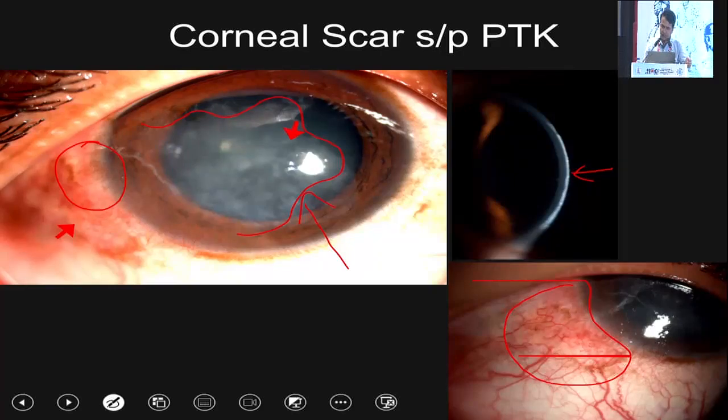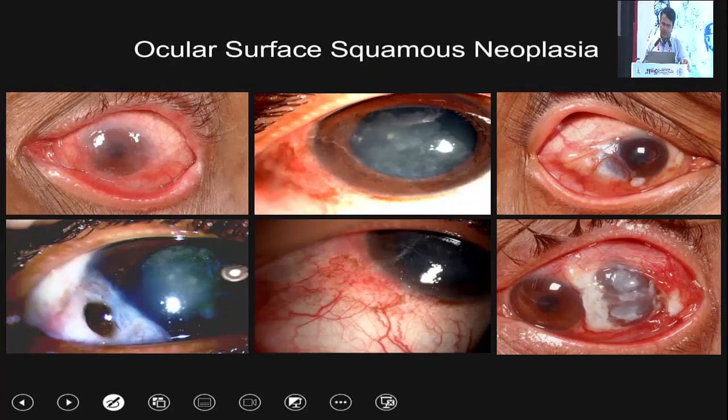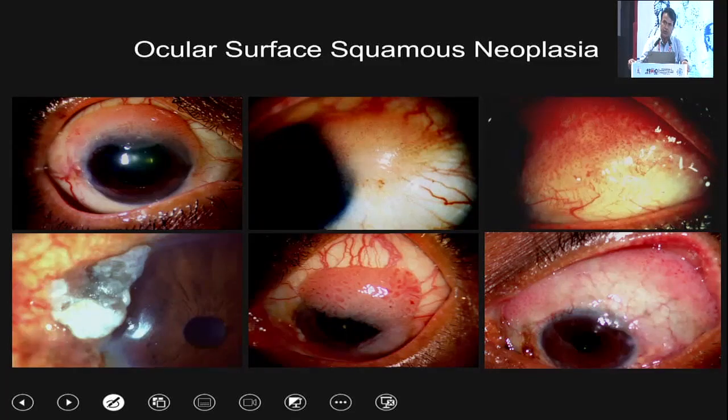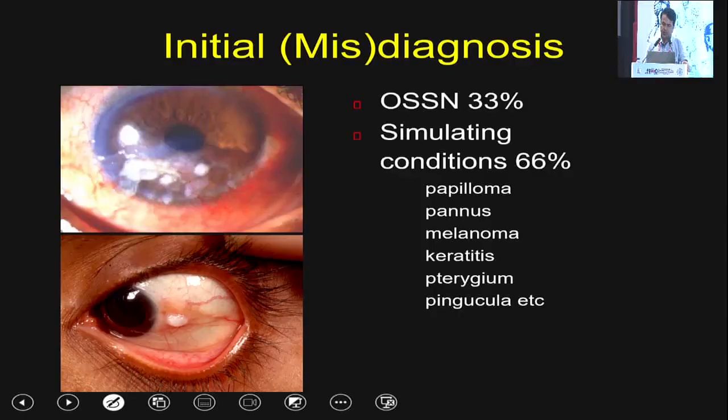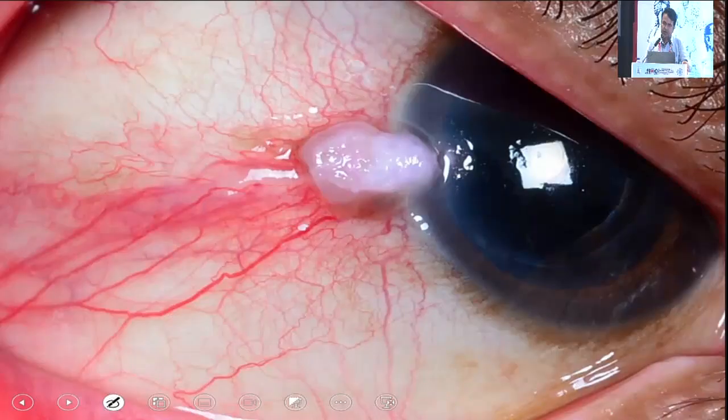Yeah. So here we have abnormal vascularity, that is a signature of the tumor, and that is ocular surface squamous neoplasia. So these are all the masquerades of ocular surface squamous neoplasia. Each one looks different. When each tumor looks different, how can you be sure of the diagnosis? You can be sure of the diagnosis by looking at two or three major clinical features.